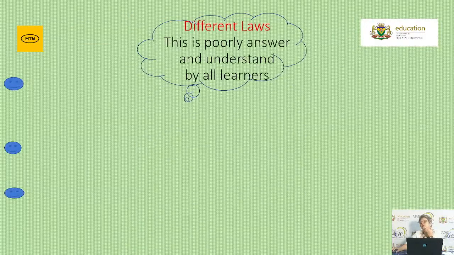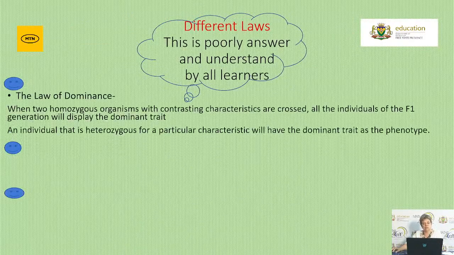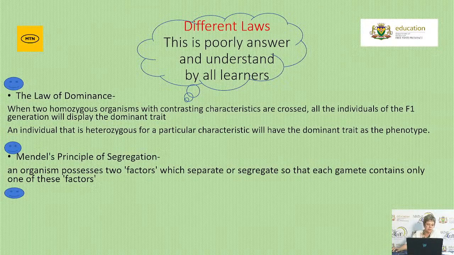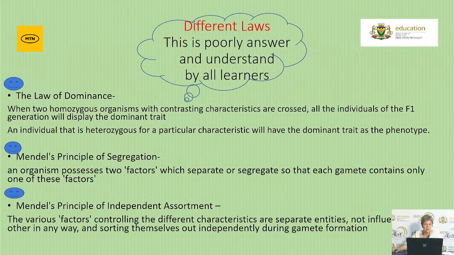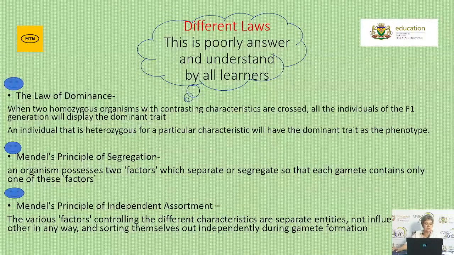Then, in short, is Mendel's laws, the law of dominance. I also already said that you must look at the example of blood. For Mendel's principle of segregation, make sure that you know the definition, and Mendel's principle of independent assortment, also know what that is.